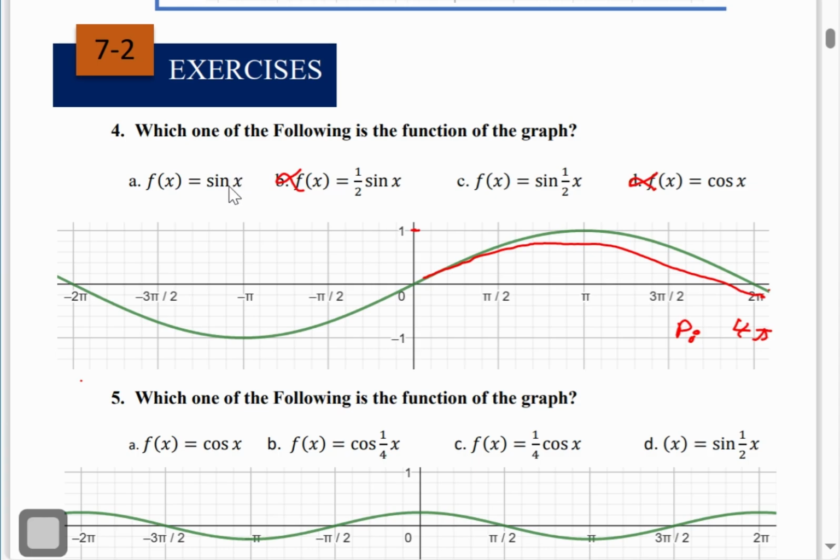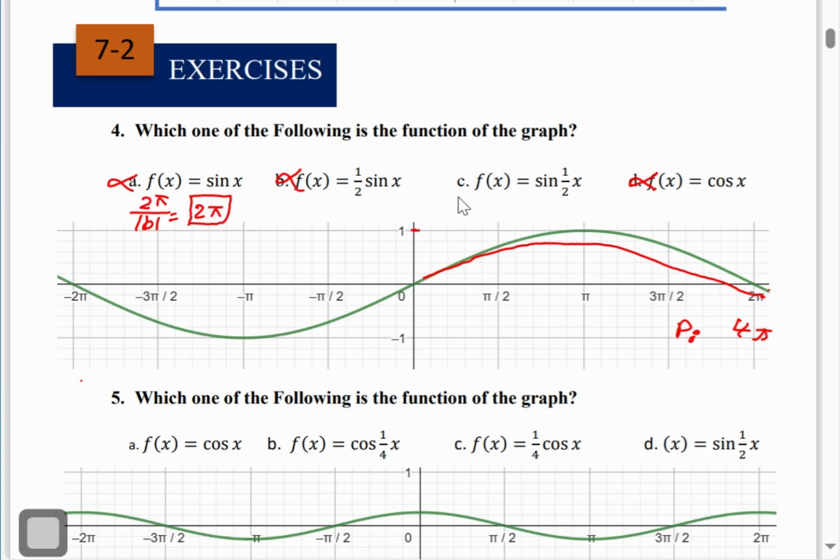The period of regular sine is 2 pi. Let's find out. We have 2 pi over b. Our b is 1, so it will be 2 pi. So it is not the true function, because our period here is 4 pi, and here it is 2 pi.